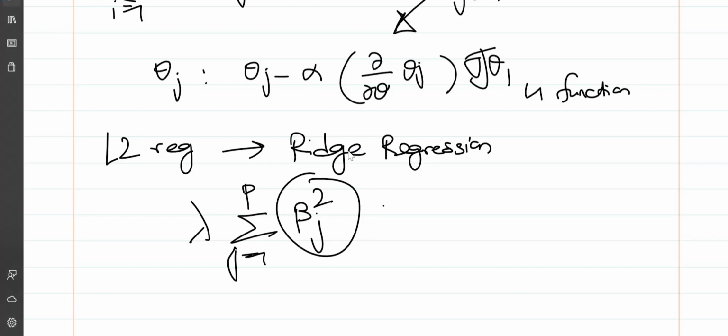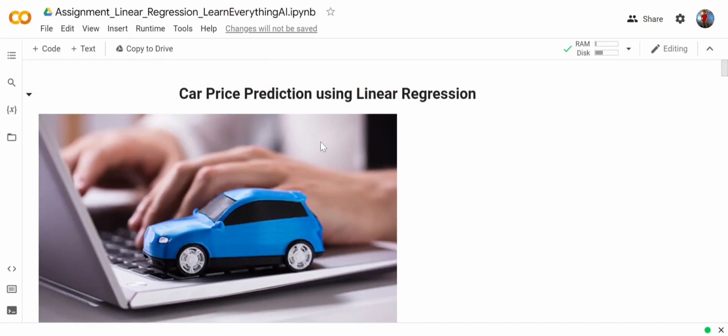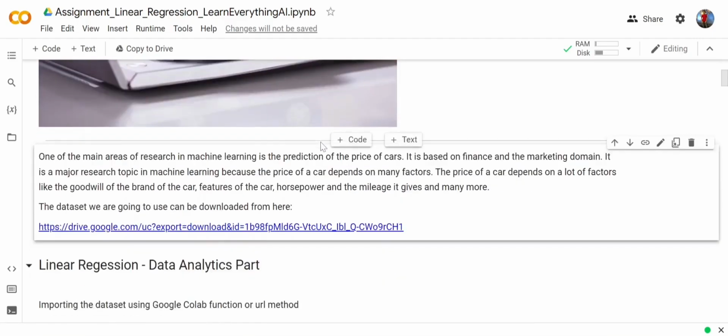So let us now proceed with our model analysis. Here, as we mentioned earlier, we are going to have the car prediction data set. So we are going to predict the price of cars.